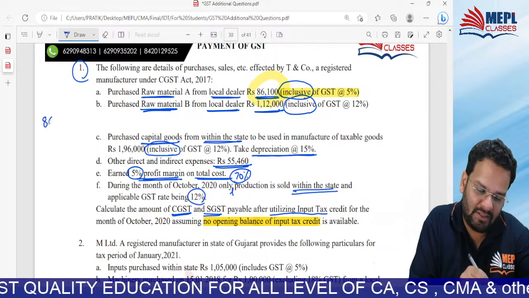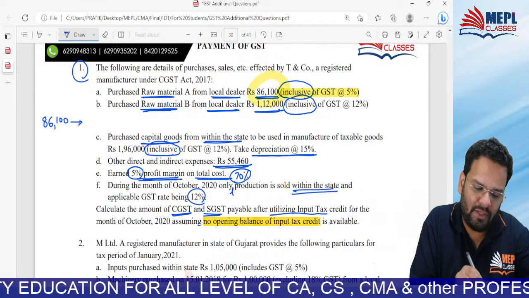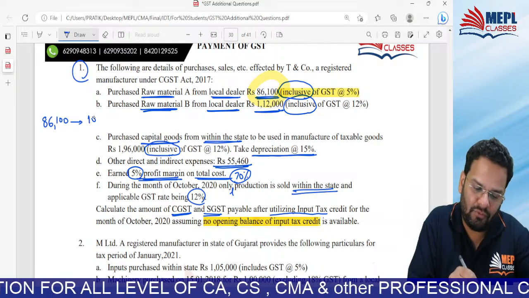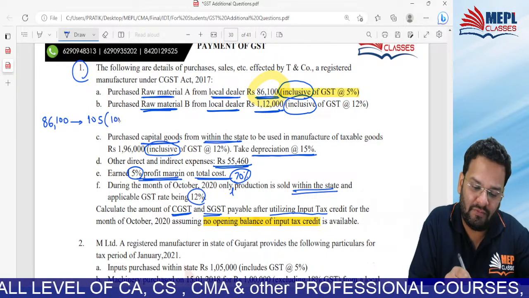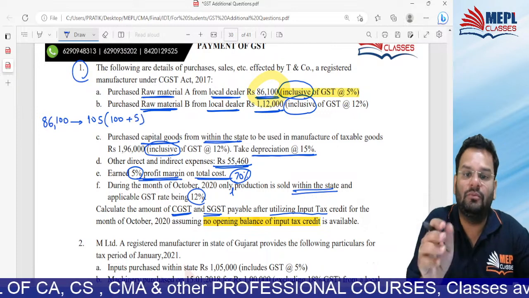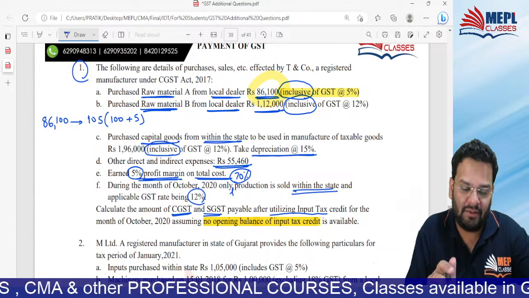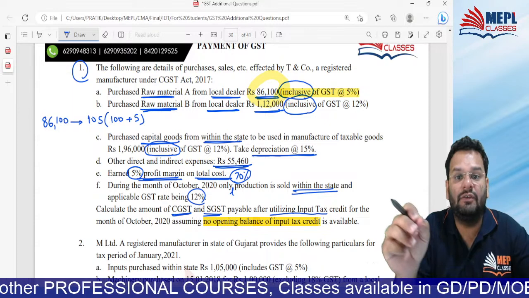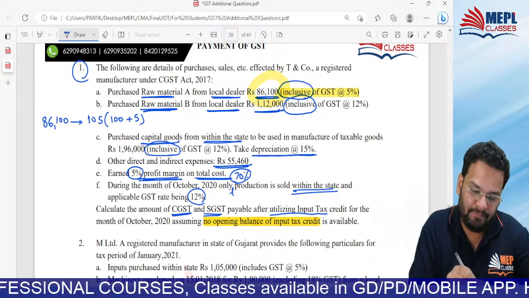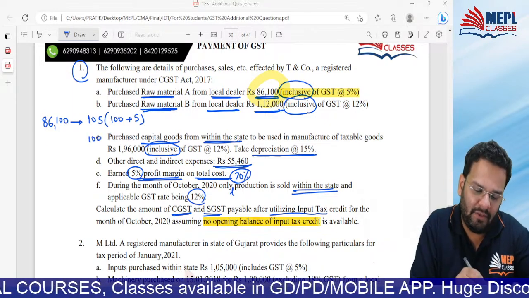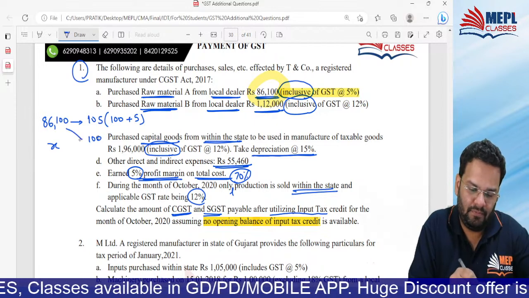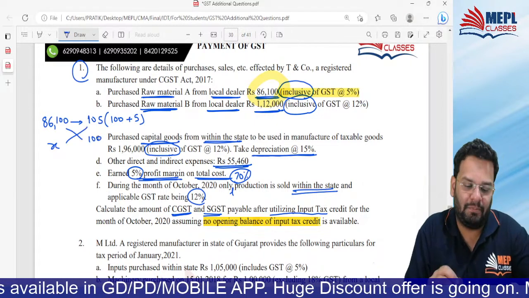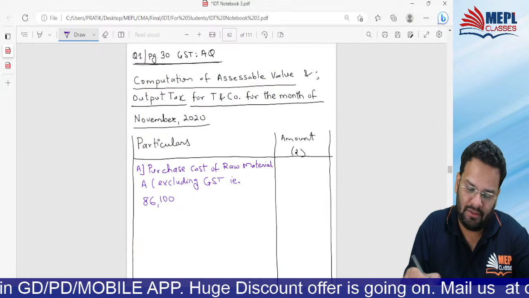See, it's like this. 86,100 is including GST of 5%. So if we assume base cost to be 100, 86,100 will be equal to 105. So 100 will be how much? Cross multiply. You will get the 100.